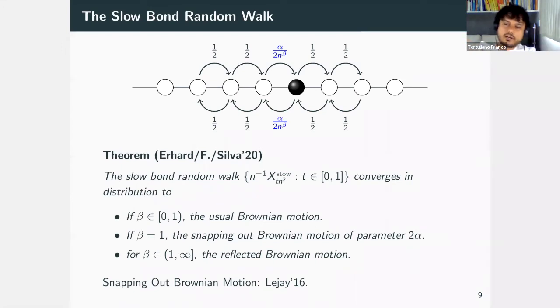On the positive half line, it behaves as the Brown motion. On the negative half line, it behaves as the usual Brown motion, but at 0 it has some special behavior. The SNOB does not always cross the 0, but to cross the 0, it has to follow this rule.